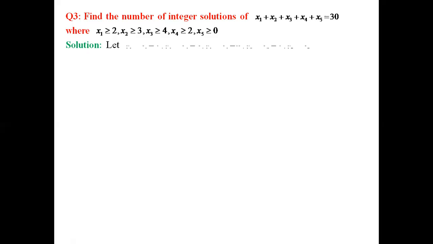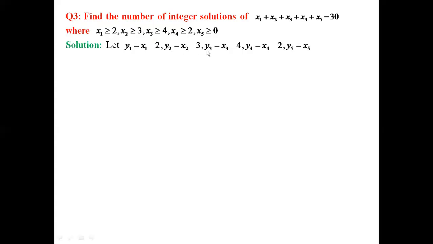So let us first assume y1 as x1 minus 2. We take 2 to the other side and denote x1 minus 2 as y1, so that y1 is greater than or equal to 0. Similarly, we denote x2 minus 3, taking 3 to the left hand side, as y2, so that y2 is greater than or equal to 0.